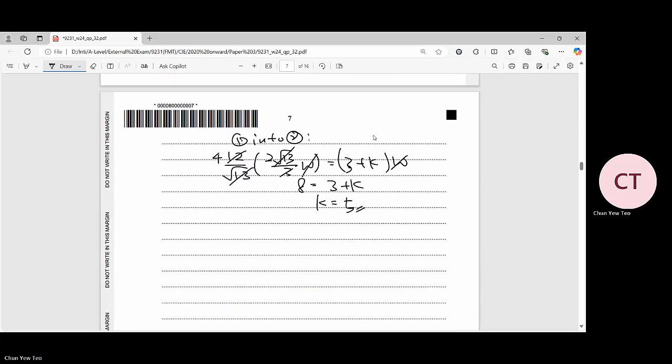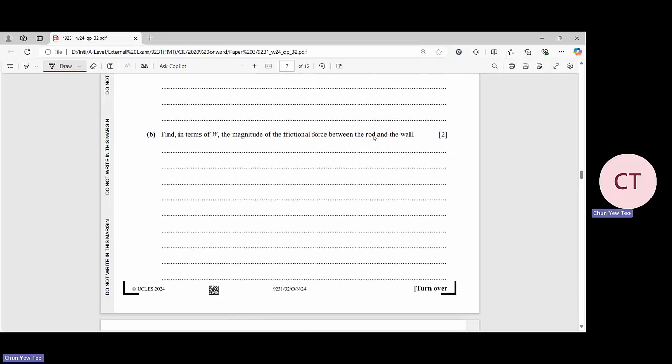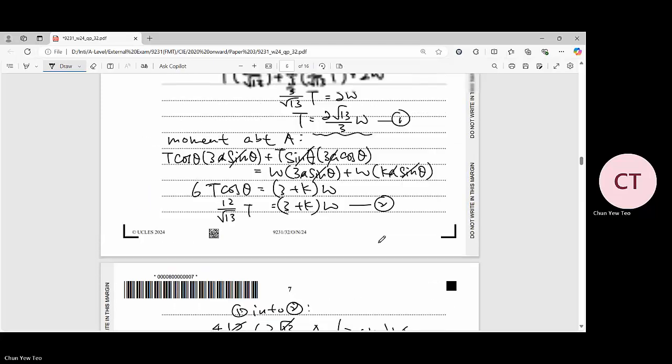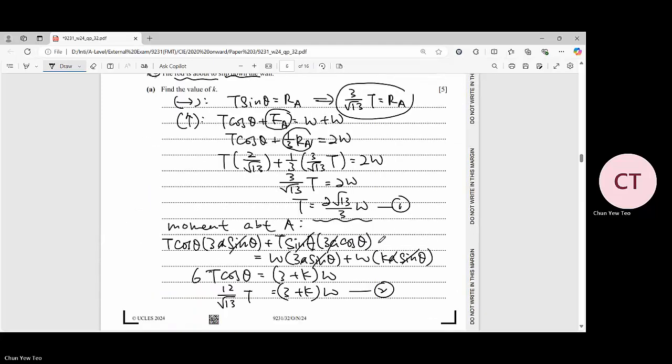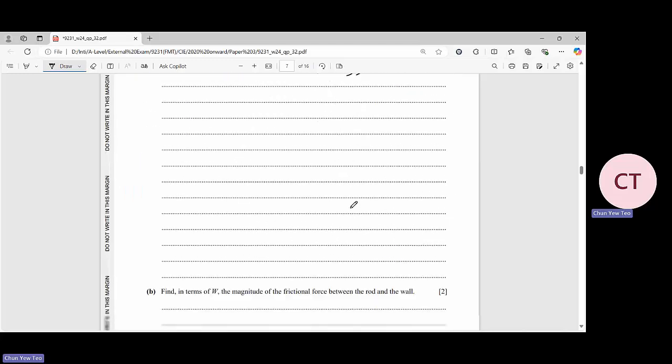So from here, I think we will be using this formula. Using this formula will be better. TA cos theta plus FA is equal to 2W.